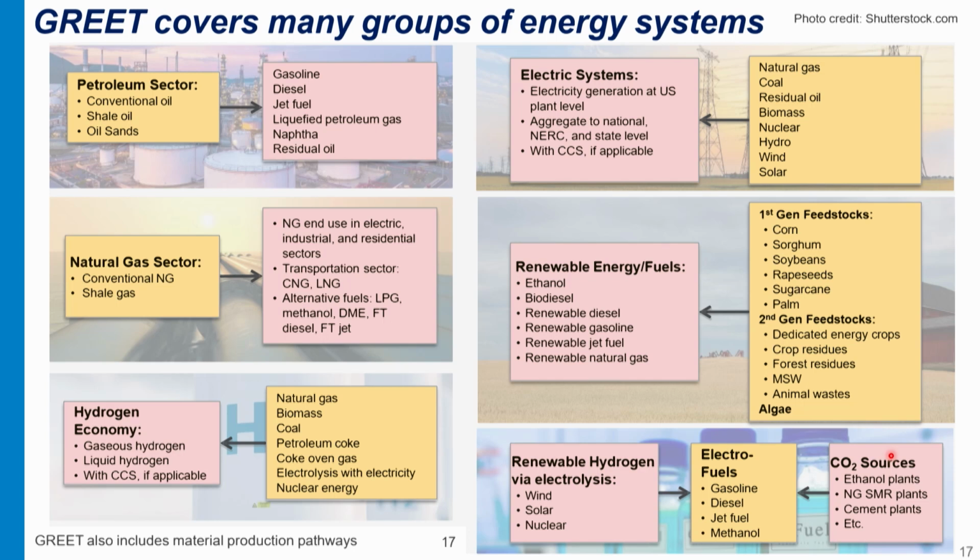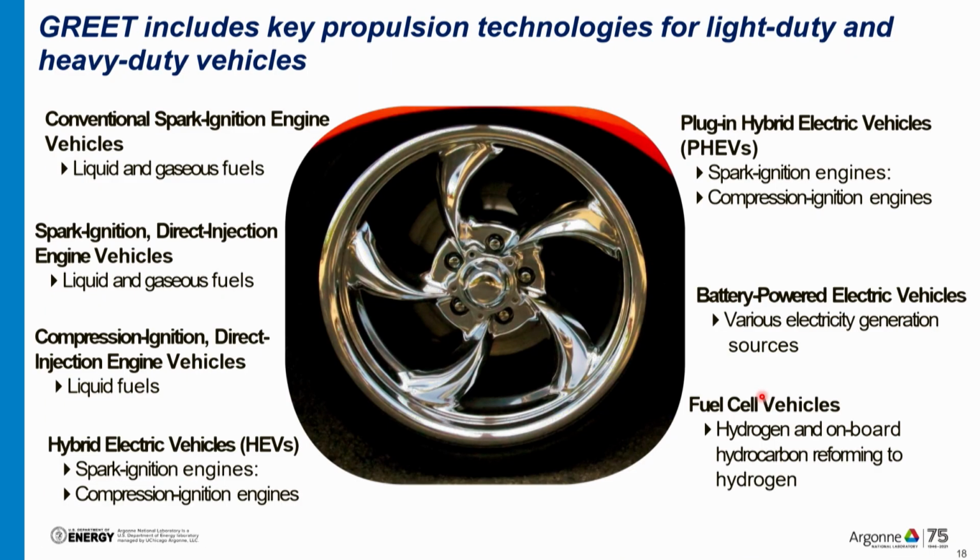Then we have the natural gas system: CNG, LNG, alternative fuels, the hydrogen economy, the electric system, renewable energy fuels, renewable hydrogen, electrofuels, CO2 sources. So they try to cover many groups of energy systems as part of their model, and they have their data collected from there.